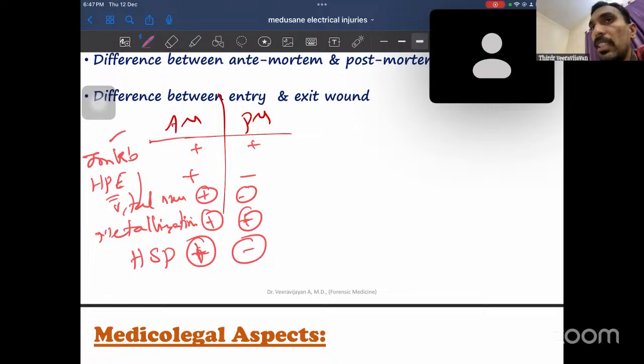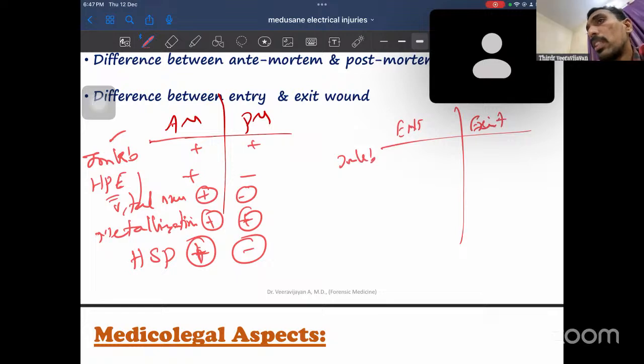Likewise, we have to know the difference between entry and exit. By appearance of Joule's burn, both entry and exit look more or less similar. So we can't differentiate entry and exit by appearance, except up to a certain level.